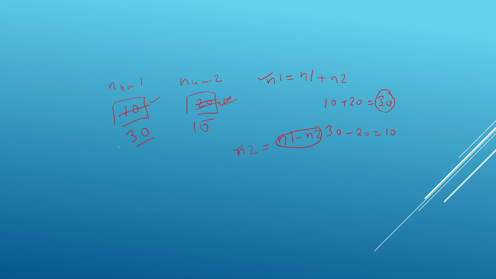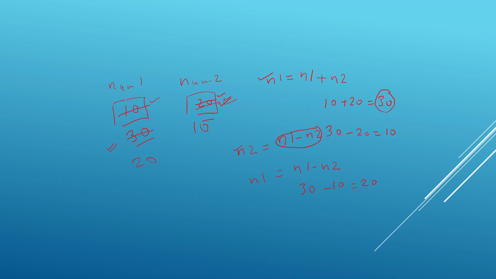Now in the place of 30 we need the second number. The second number was 20, so that will be achievable by num1 minus num2, and again this time we are storing it in n1. That means instead of 30 this will be 30 minus 10, that will be 20. So instead of 30 it will be 20.